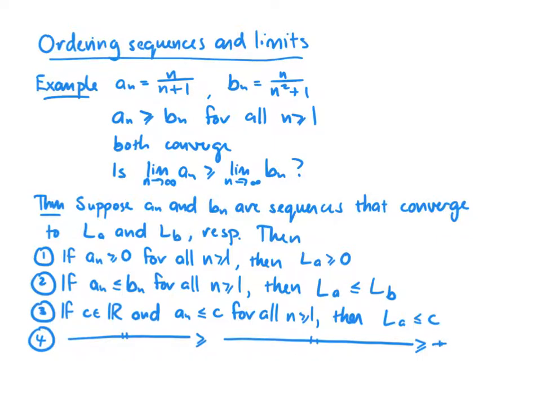All right, so let's talk about how we might prove something along these lines. I'm going to prove one, and then I'll leave the remainder to you. So the first statement, let's just write it down again. So 1, a sub n converges to L sub a.